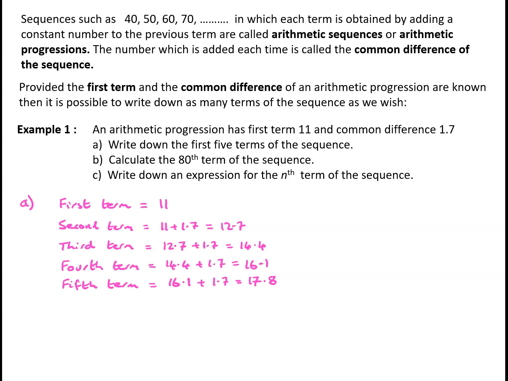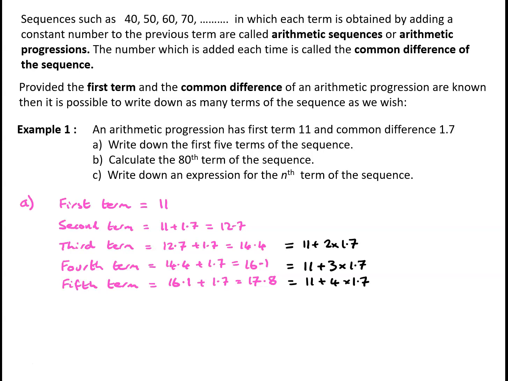Now notice that 12.7 is the same thing as 11 plus 1 lot of 1.7, 14.4 is 11 plus 2 lots of 1.7, 16.1 is 11 plus 3 lots of 1.7, and 17.8 is 11 plus 4 lots of 1.7.